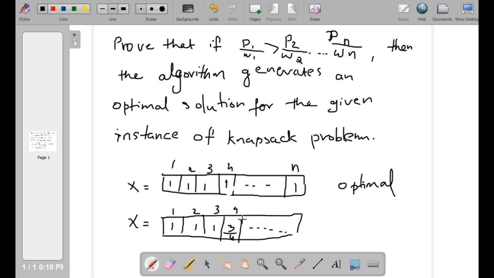At this point, the knapsack capacity is exhausted, and the remaining cells will be 0. You are unable to pick the fifth item. You are unable to pick the sixth item. This will be a possible solution.